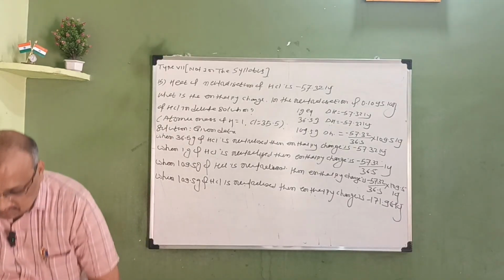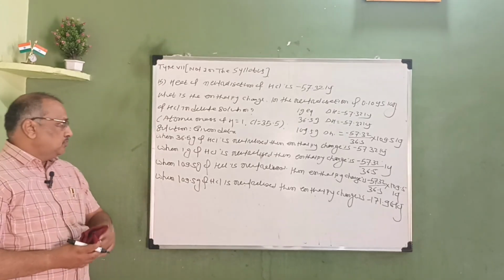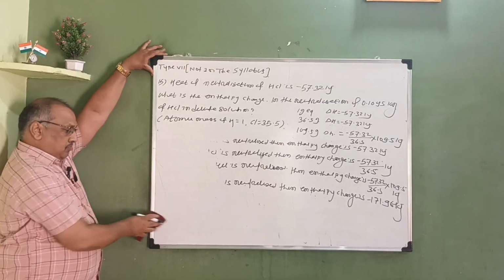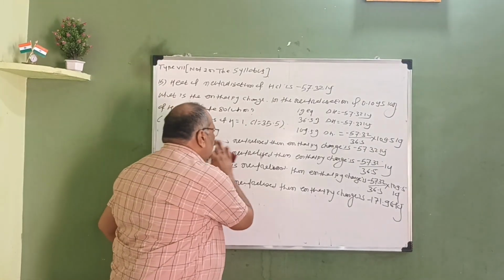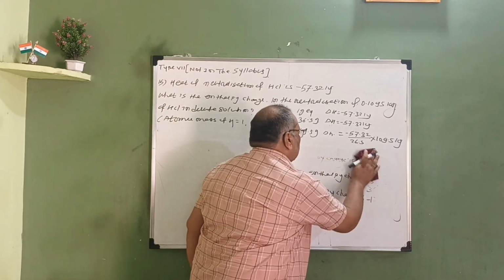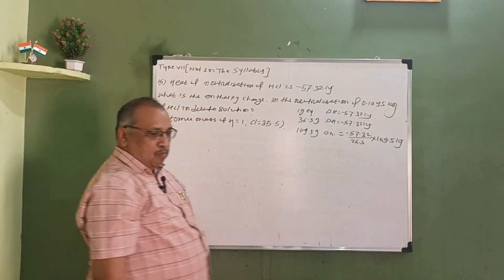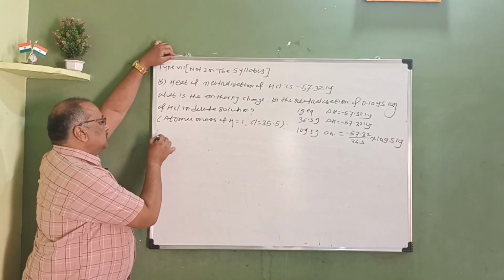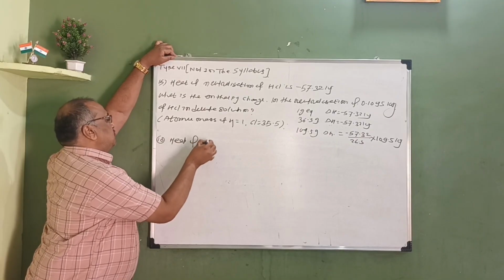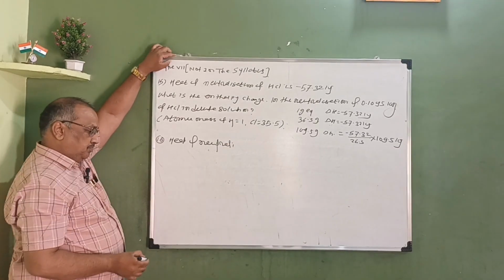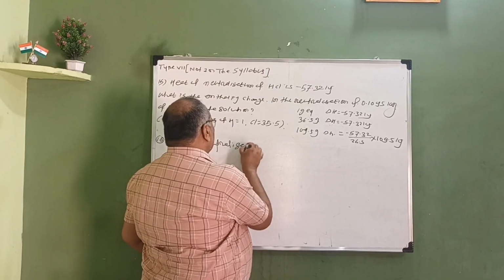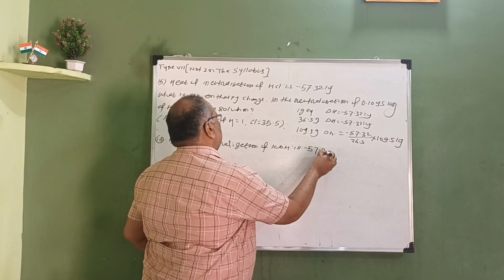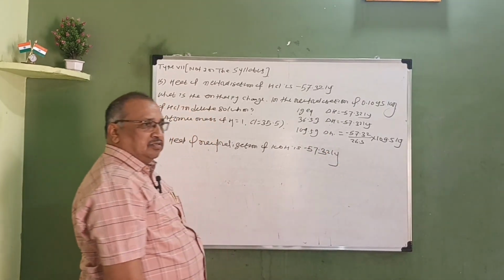Now here write down heat of neutralization of KOH is minus 57.32 kilojoule.